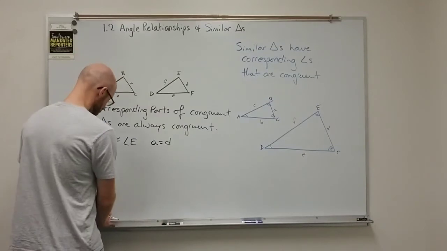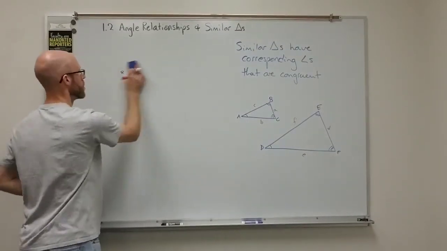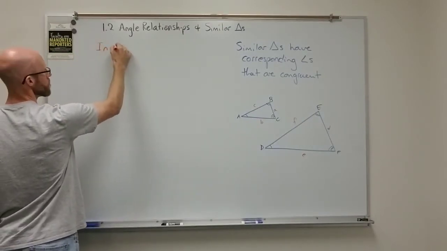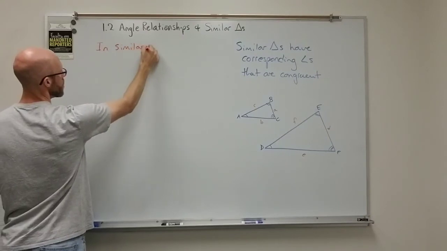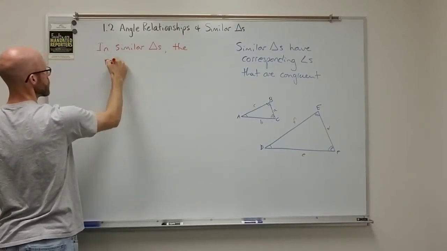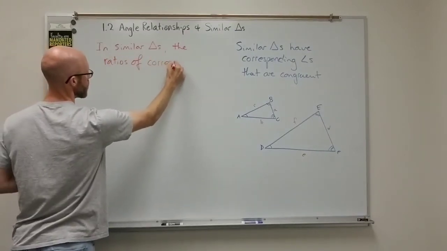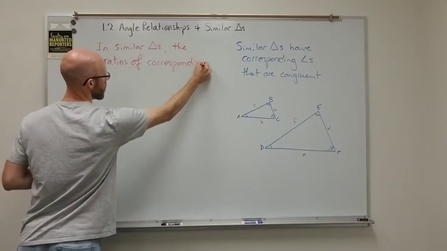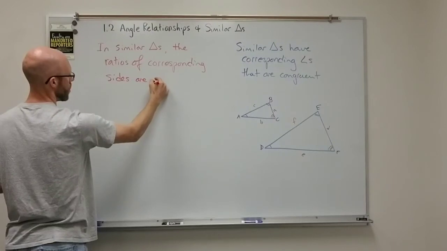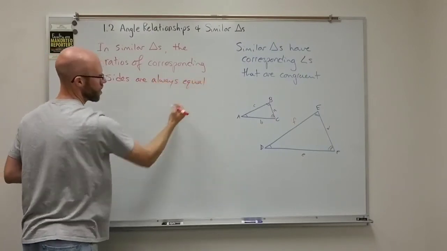Okay, so we can come up with a theorem here. It says that in similar triangles, the ratios of corresponding sides are always equal. All right.